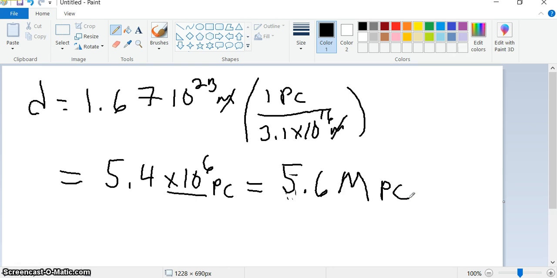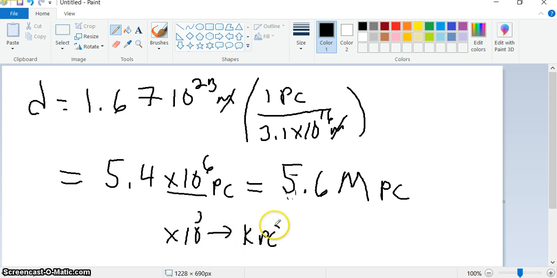Remember, for example, the Andromeda galaxy is about 2.5 megaparsecs away. If it's times 10 to the third, then you would replace it with kiloparsecs.